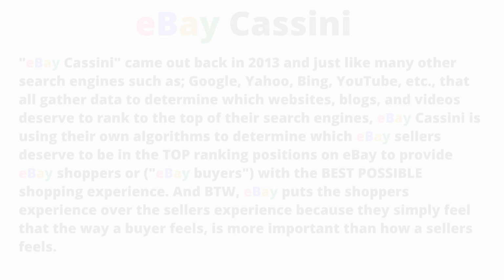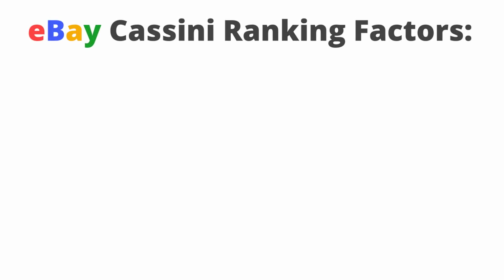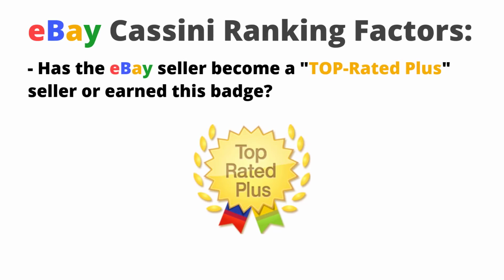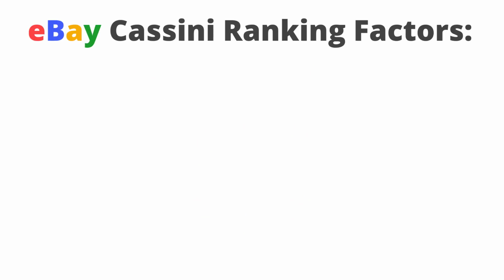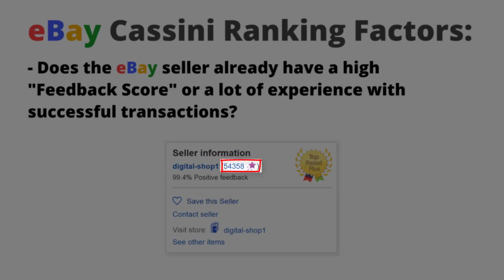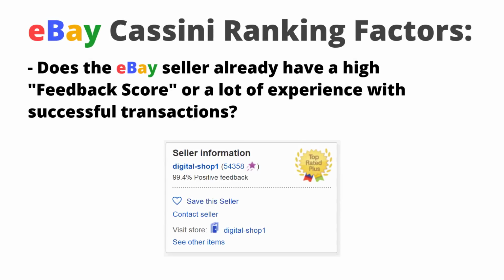In my honest opinion, I don't think that they always treat eBay sellers fairly, but that's just my personal opinion. Anyhow, some of the main ranking factors that eBay Cassini is using, and this is also what you'll want to consider when taking a look at your competitors, are things like: has the eBay seller become a top rated plus seller or earned this badge? I'm sure that you've seen this badge many times. Does the eBay seller already have a high feedback score or a lot of experience with successful transactions?